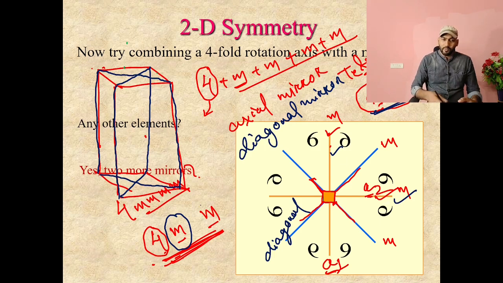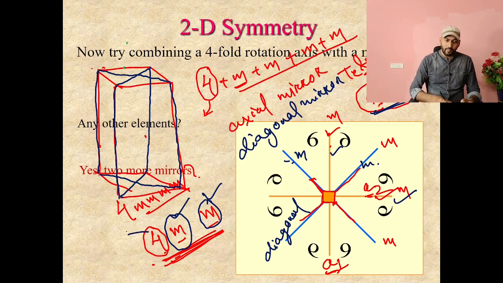So one single m will represent the two axial mirror planes. The next m will represent the two diagonal mirror planes. We will not treat them as different, because they are identical in nature. So we'll use a single m for the two diagonal mirror planes.